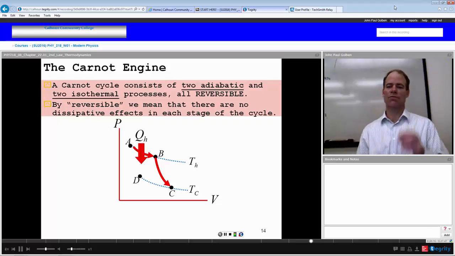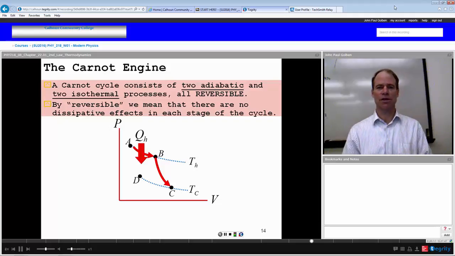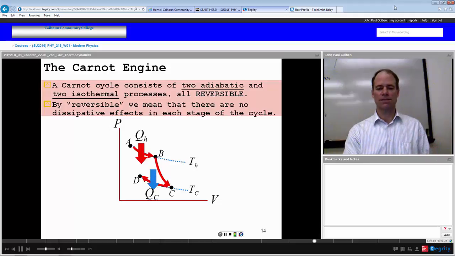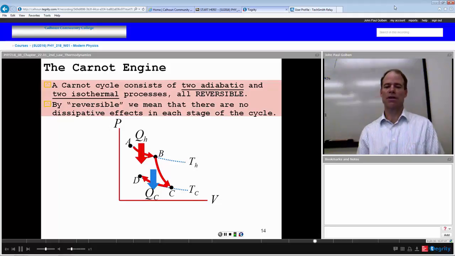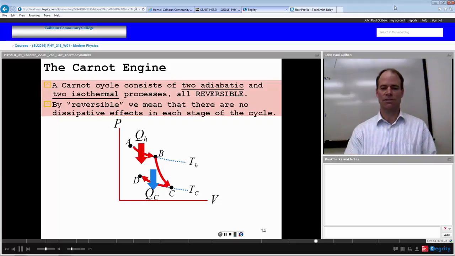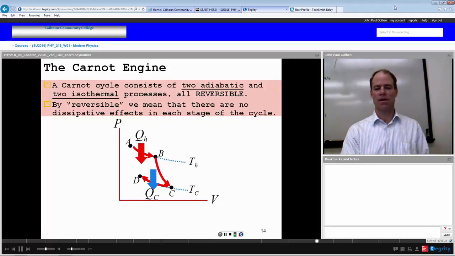So we're going from a hot temperature to a cold temperature, and our change in internal energy will be negative. Then we go from C to D. We're compressing, so our volume's getting less. We're going to have to expel energy in order to maintain a constant internal energy in our system as work is being done on our engine.